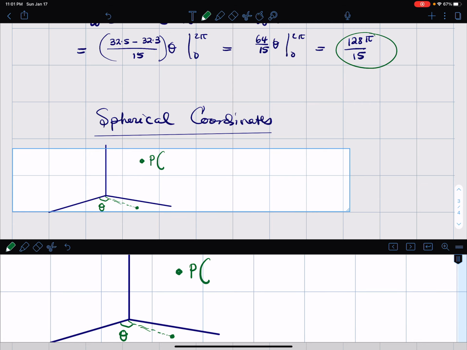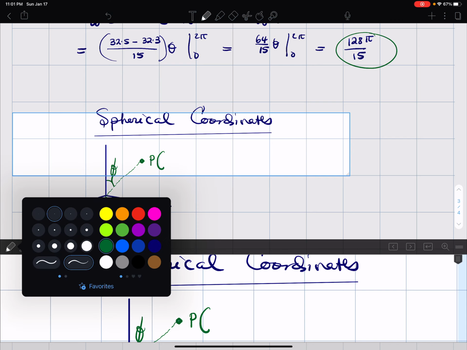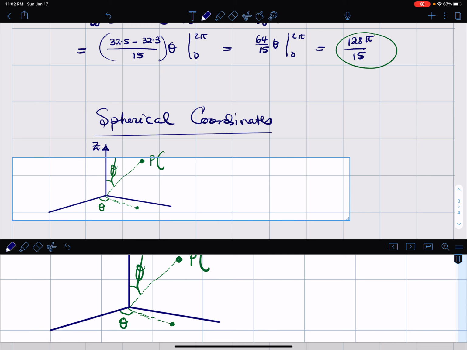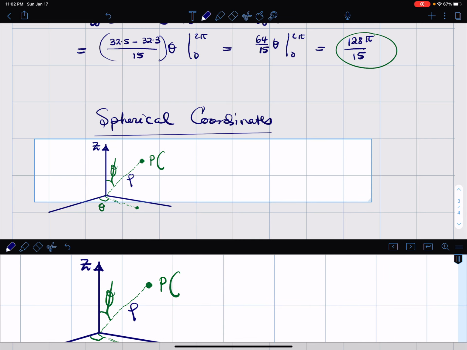And then assuming also that P makes an angle of phi with the z-axis. Makes an angle of theta with the x-axis, makes an angle of phi with the z-axis, and its distance from the origin, call it rho. Then we can describe P.